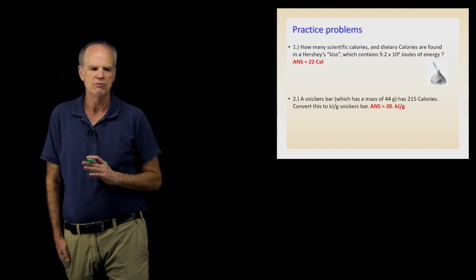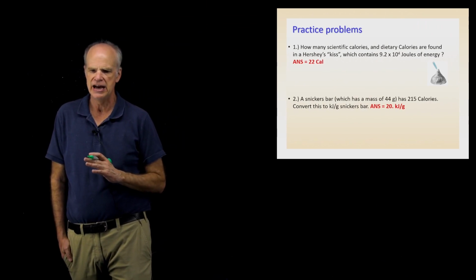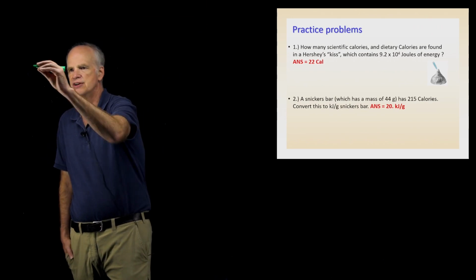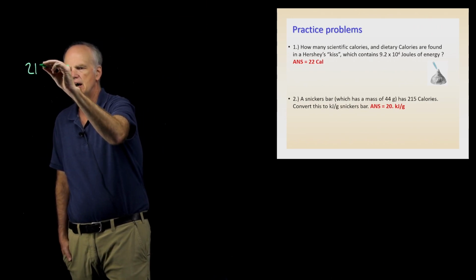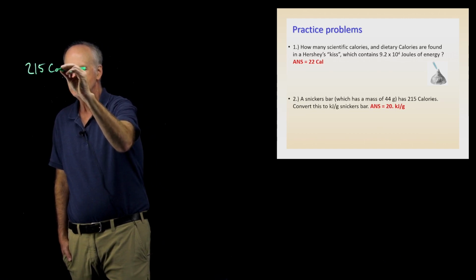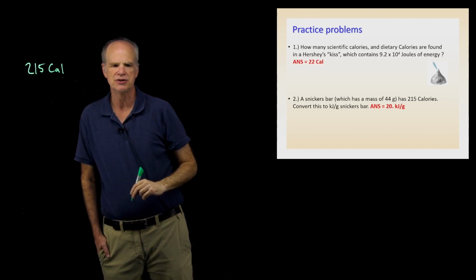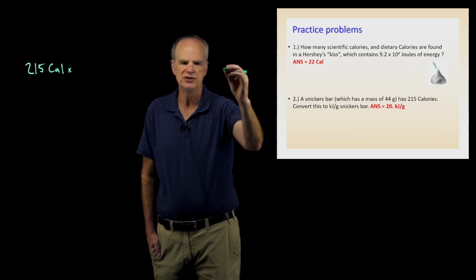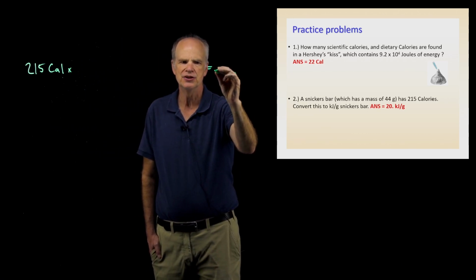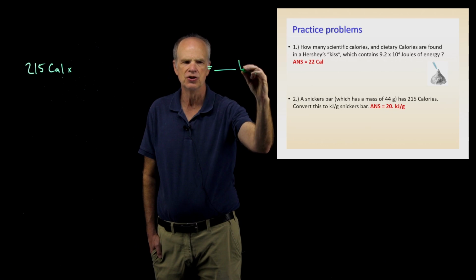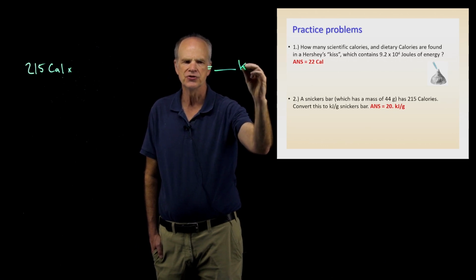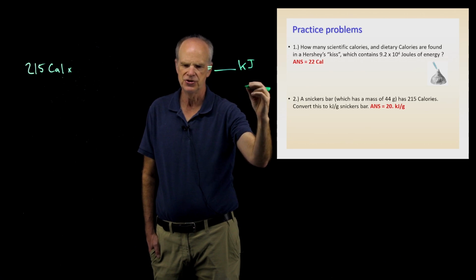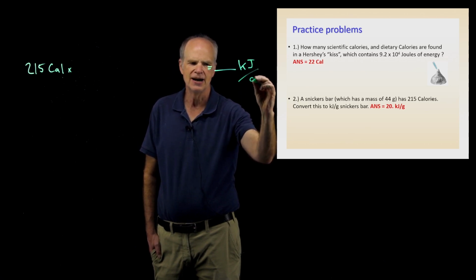So what we're told is that a Snickers bar has 215 calories, dietary calories, right? Essentially what we have to do is convert this into very unusual units that you may not see very often. The units are kilojoules, so it's little k, capital J for joules, but it's weirder: kilojoules per gram.